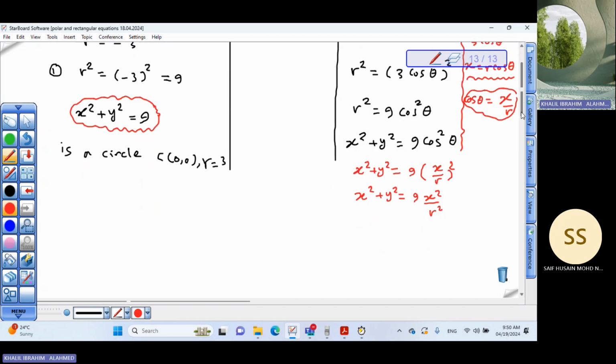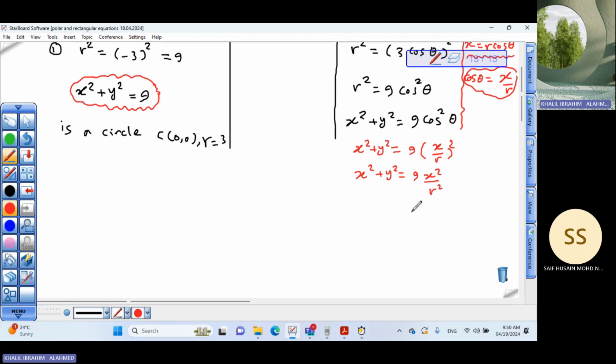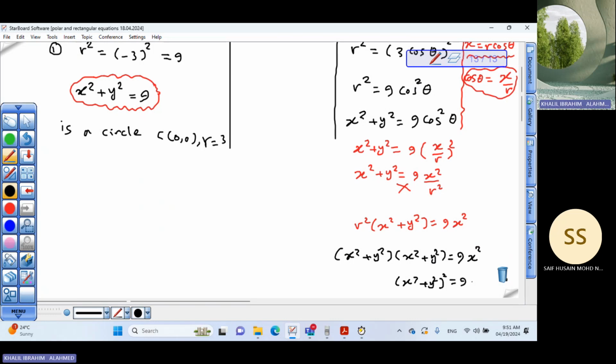Yes, we can write the cross product: r squared times (x squared plus y squared) equals 9x squared. And r squared is also x squared plus y squared. So x squared plus y squared times x squared plus y squared equals 9x squared.